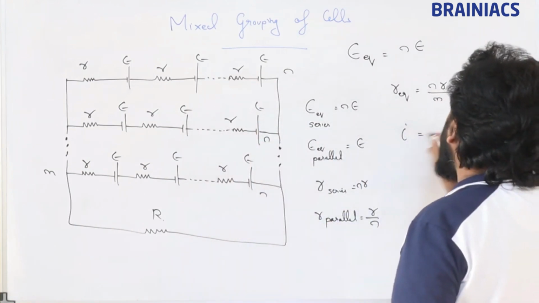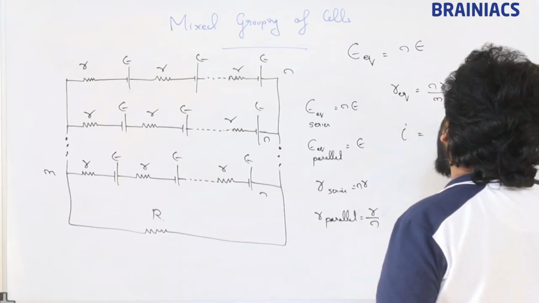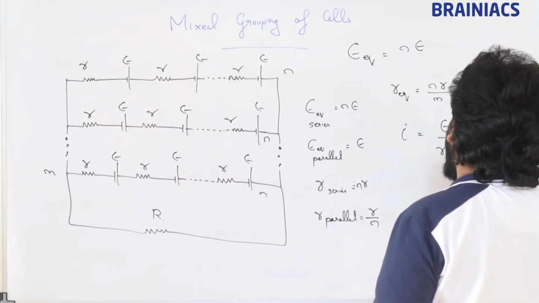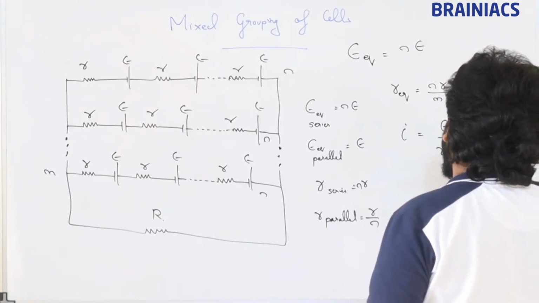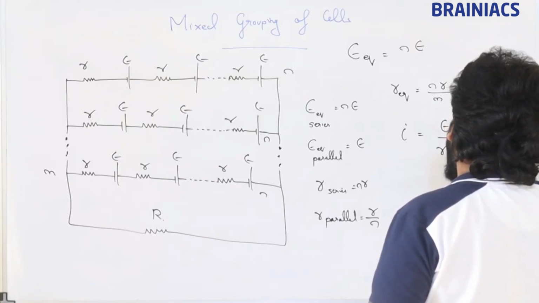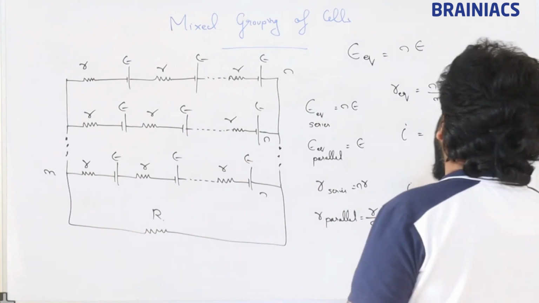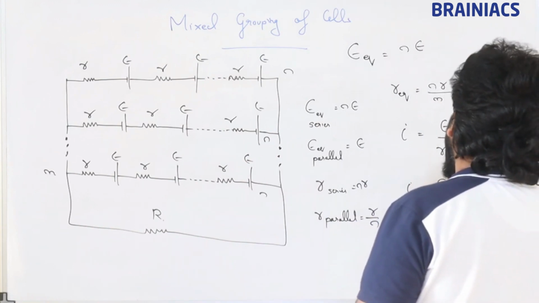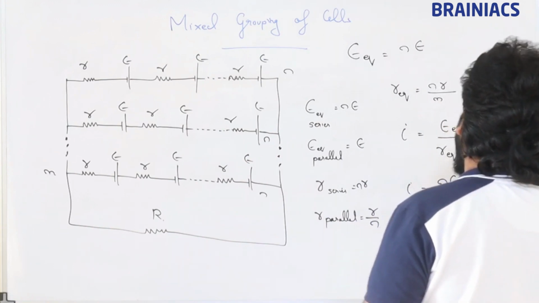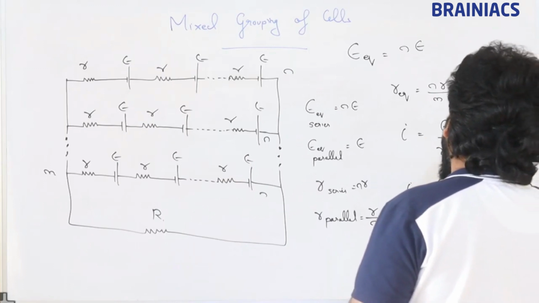So what will be the value of current? Value of current is always E equivalent divided by R equivalent plus the external resistance. So I is equal to, what is E equivalent? NE. Then what is R equivalent?